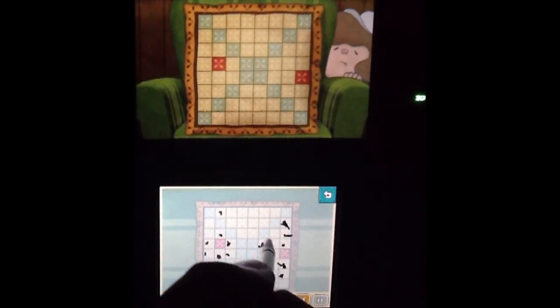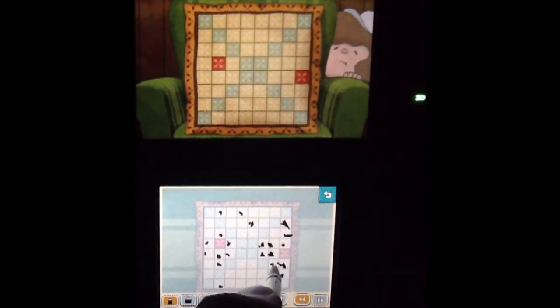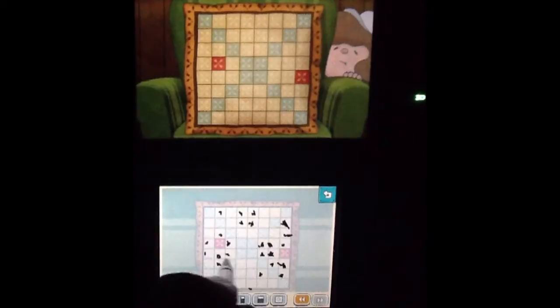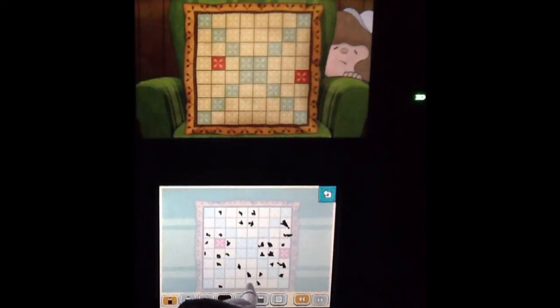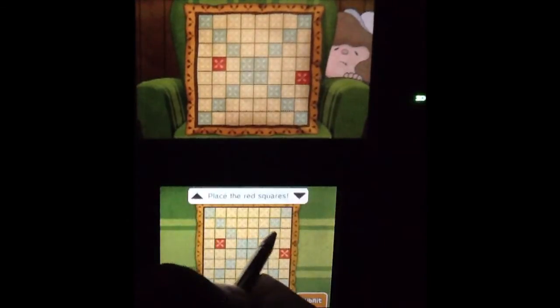Squares can't be here because that would put them in the same diagonal as other red squares. Great, so it looks like the only place you can put a red square in the right-hand quadrant is over here.